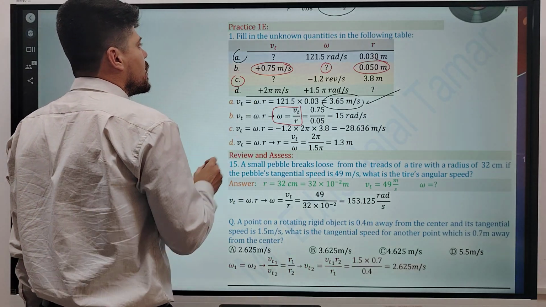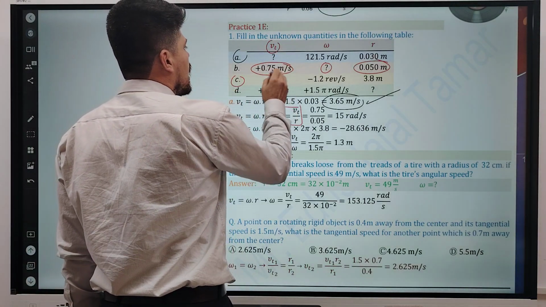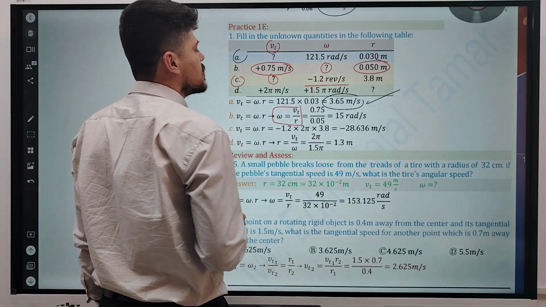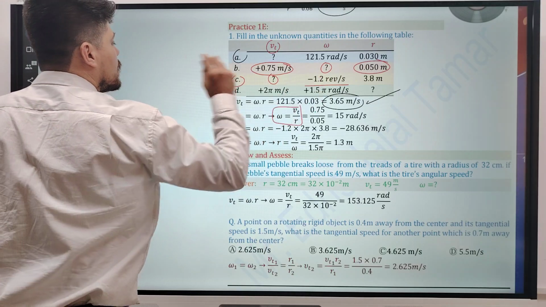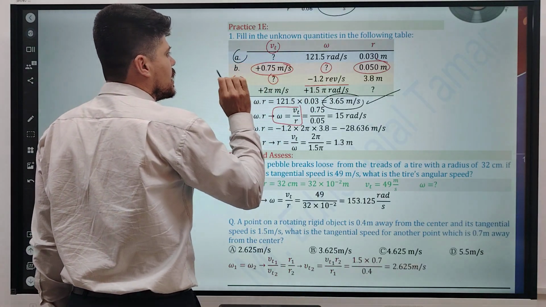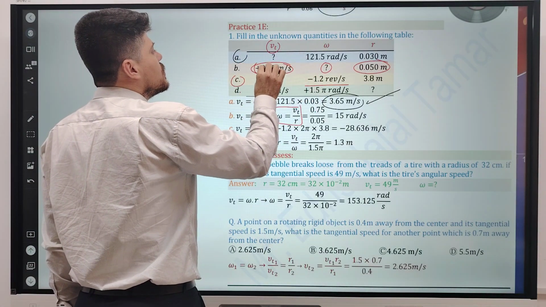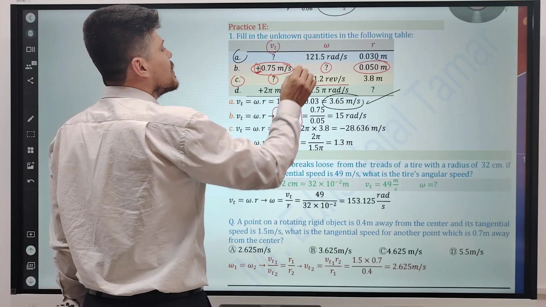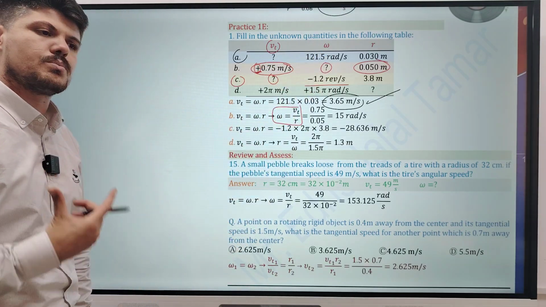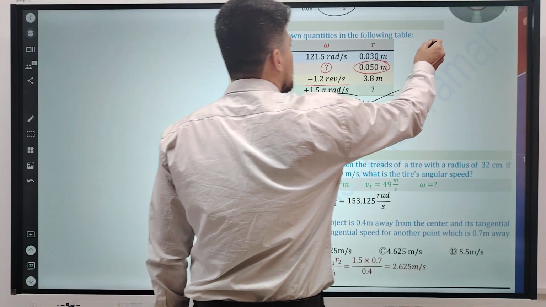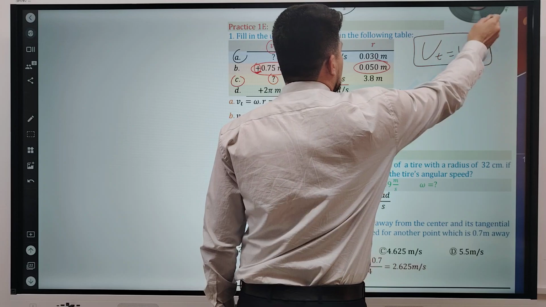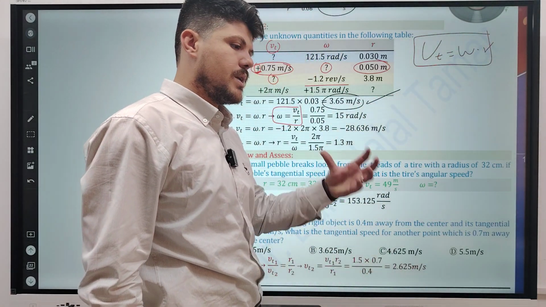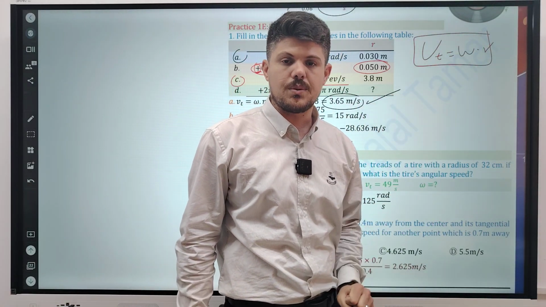Branch C, Vt is unknown. What is this? This is angular speed, which is given, just look at branch B. Tangential speed was given as positive. So the omega should also be positive, because when we say Vt is equal to omega times R, the direction of the tangential speed is the same as the direction of the angular speed.